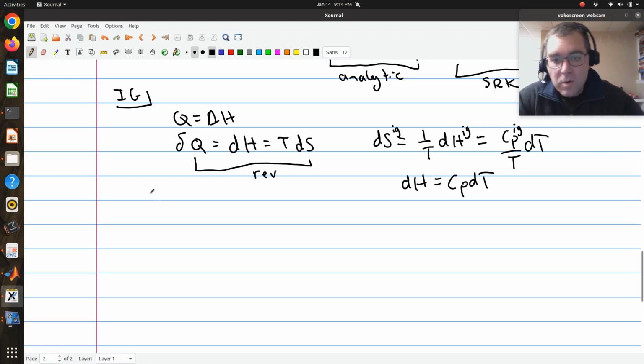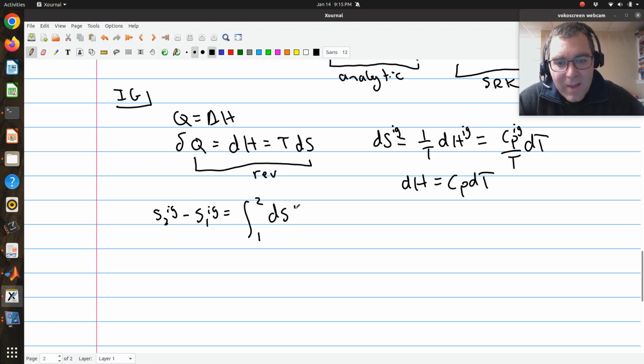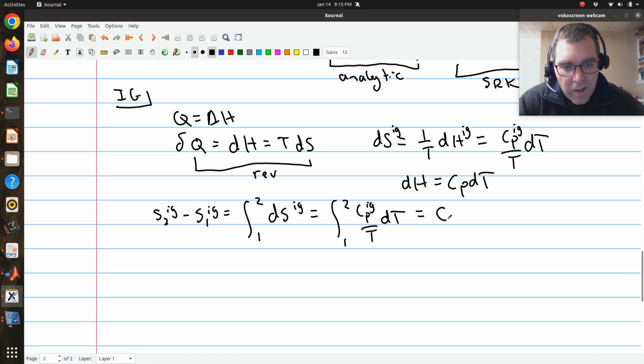If I need to calculate S2 ideal gas minus S1 ideal gas, that's equal to the integral from my initial state to my final state of dS ideal gas, which is the integral of Cp ideal gas over T dT, where again my heat capacity is constant, so I can take that out.